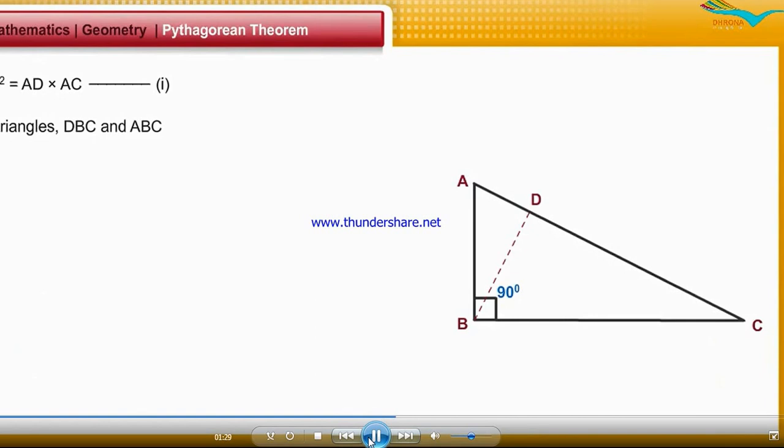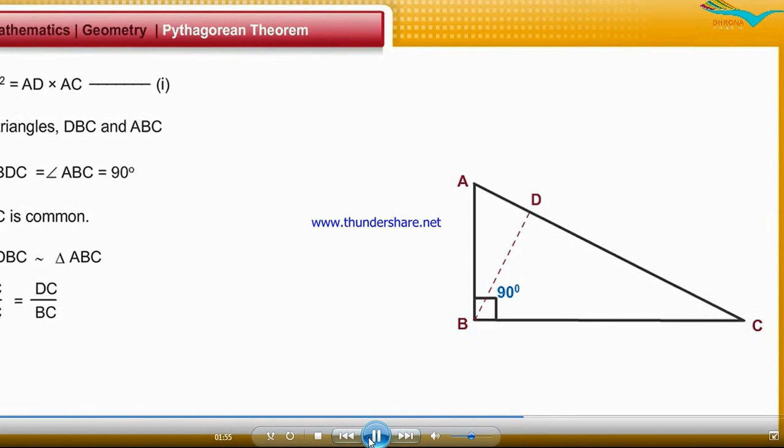Consider two right triangles DBC and ABC. We have angle BDC and angle ABC equal to 90 degrees. Angle C is common for both triangles. Hence, by AA similarity property, triangle DBC is similar to triangle ABC.